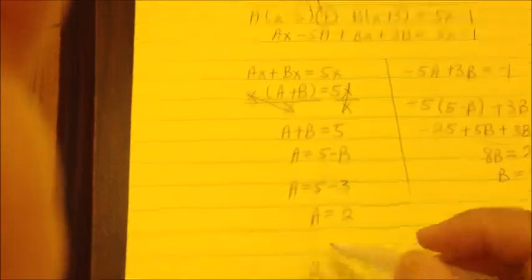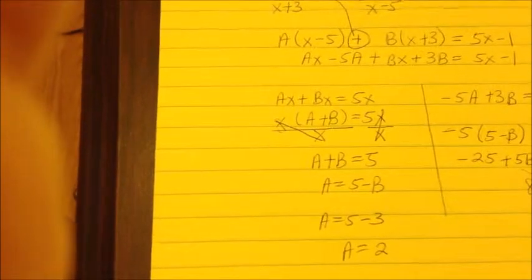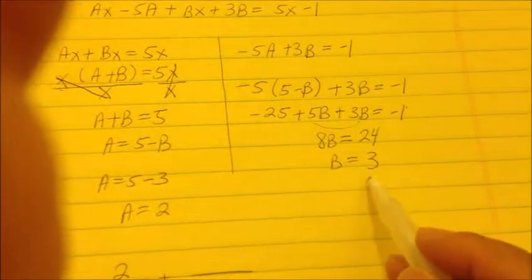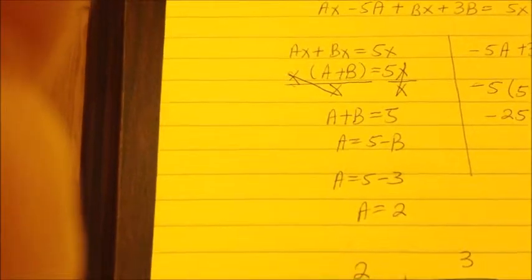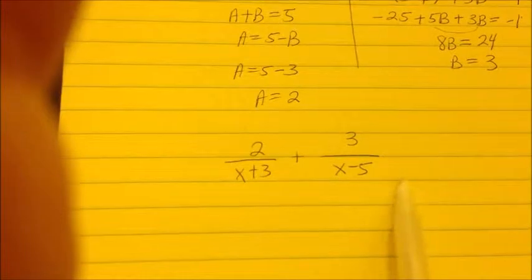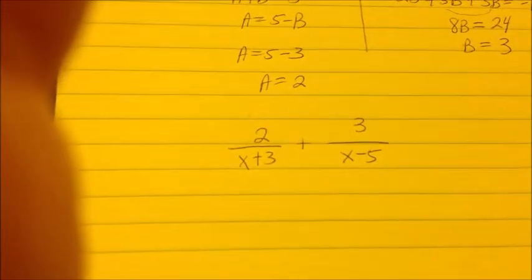We said A was 2, and the denominator was x plus 3, so we have 2 over x plus 3 plus, and the B was 3, so we put 3 up here, and the denominator is x minus 5. That becomes the partial fraction separation. Okay, let's try some more of these homework problems.